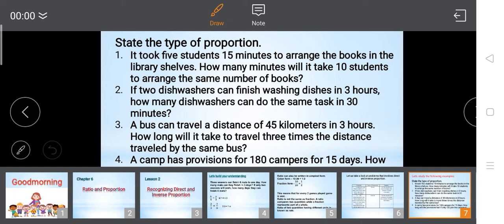Don't mind the number of dishwashers. We are just stating the type of proportion kung ano siya. Kasi ang kailangan mo lang naman is you have to analyze it na kung sasagutan mo siya sa tingin mo yung number of dishwashers ba ay tataas or bababa.